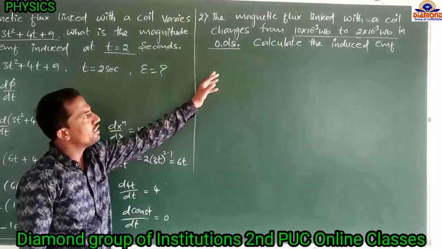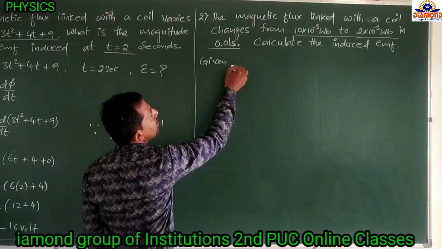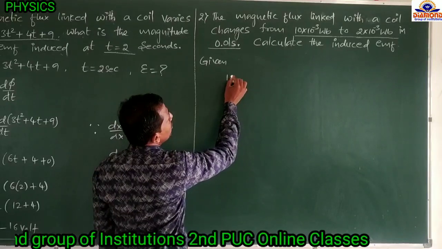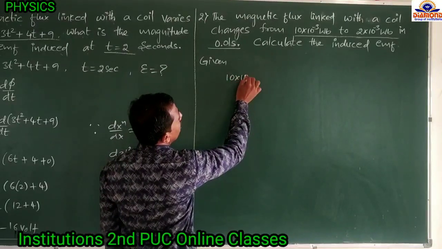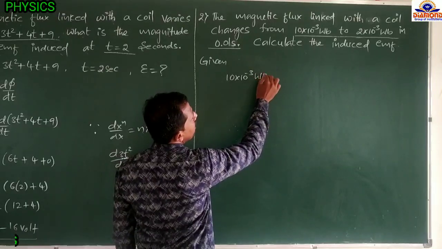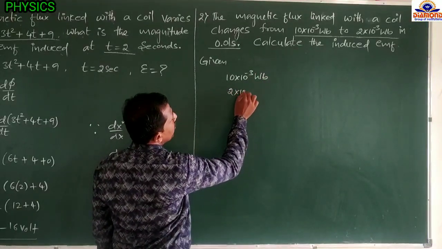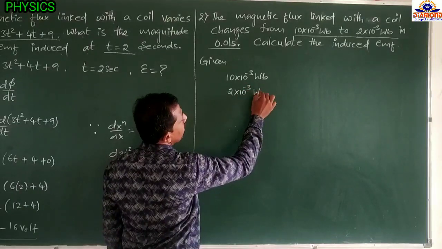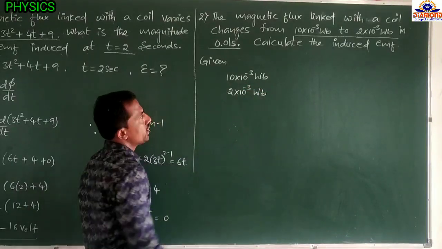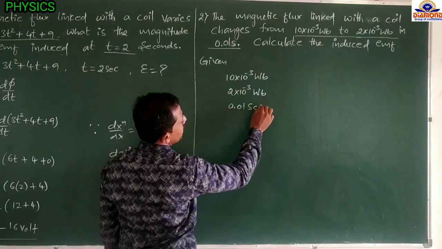Okay, data is given. What is the data? Look at this side. First, 10 into 10 to the power of minus 3 Weber. Next, 2 into 10 to the power of minus 3 Weber. Next, 0.01 second. These values are given.